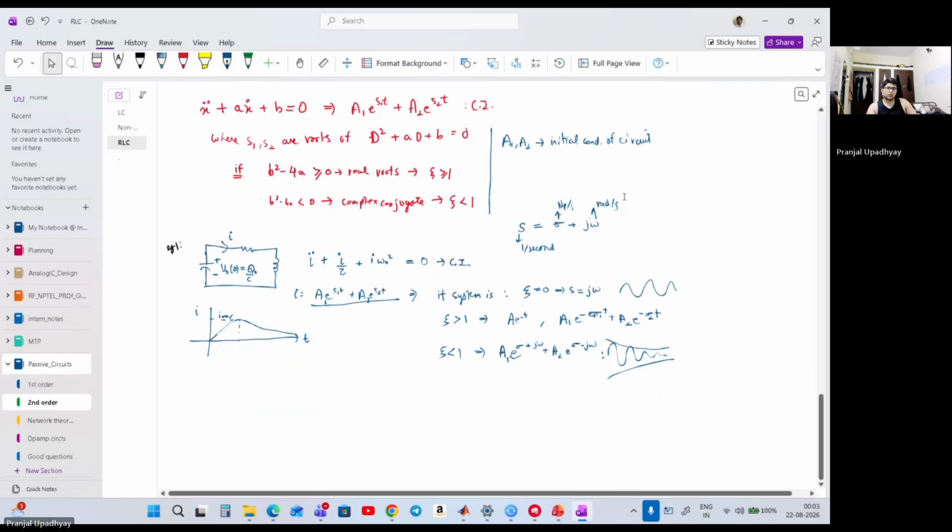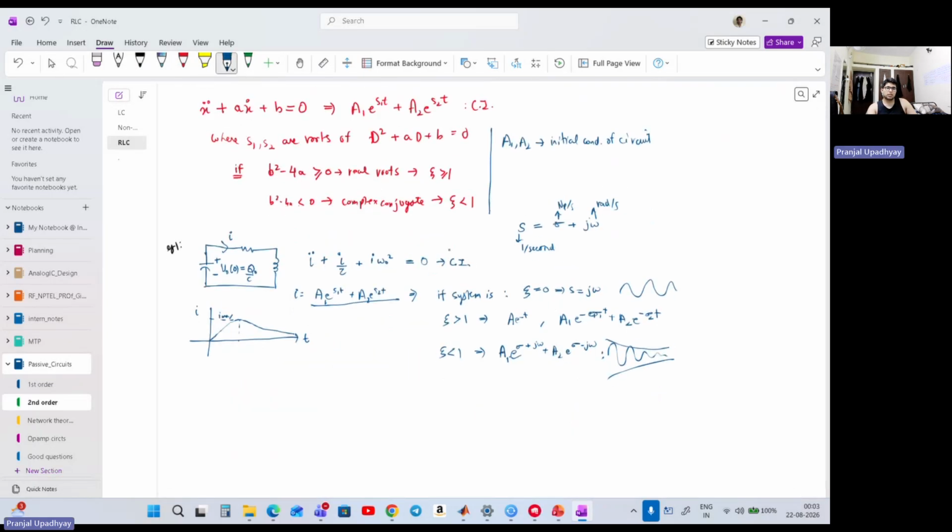Now, here I have laid out an example. I have a circuit given over here where the capacitor is initially charged to this particular voltage and it is now suddenly connected to an RL network. This is the homogeneous differential equation for this circuit, and this is the solution of it.